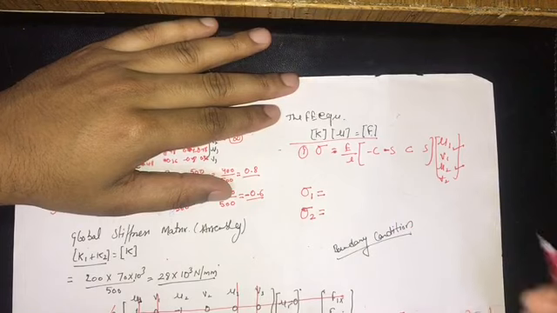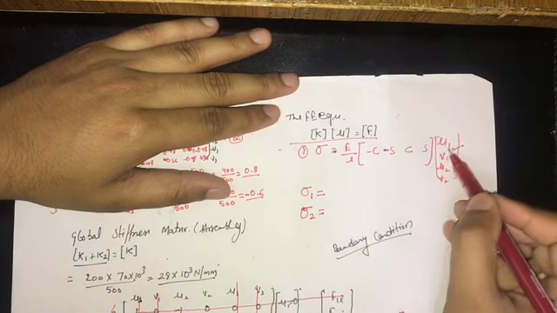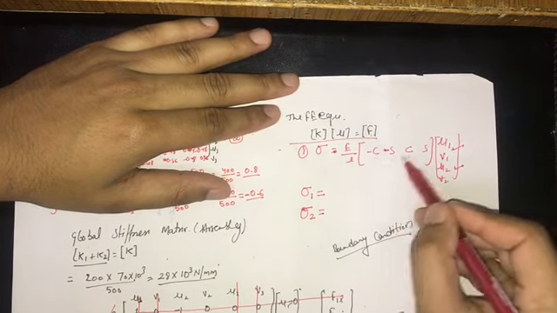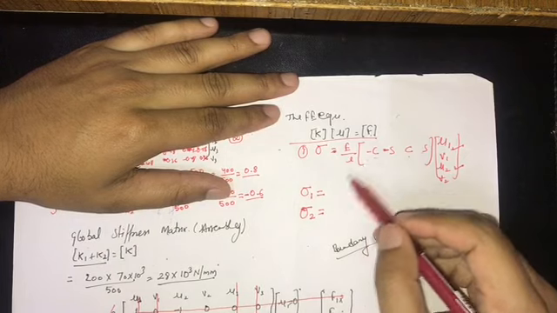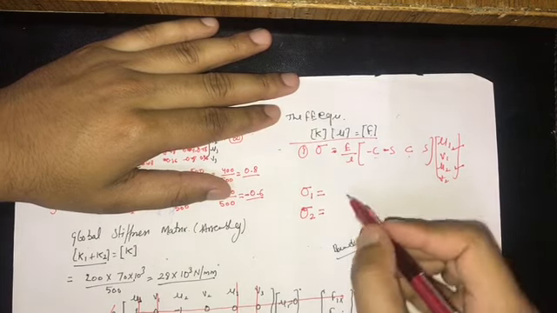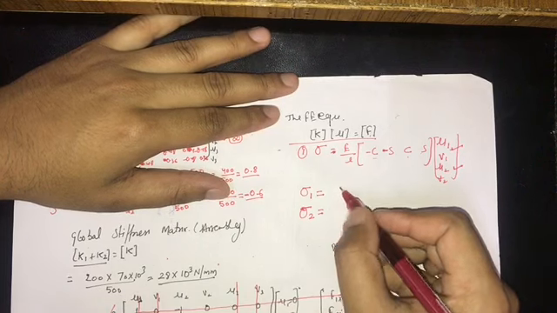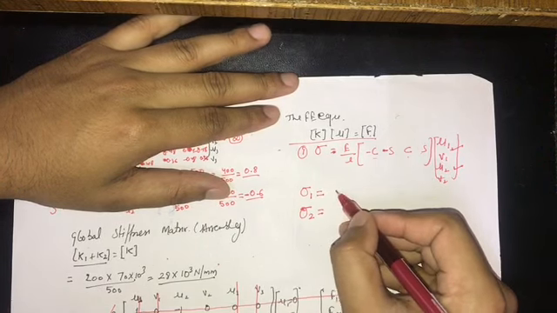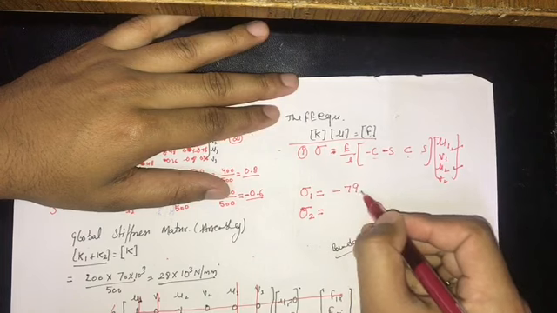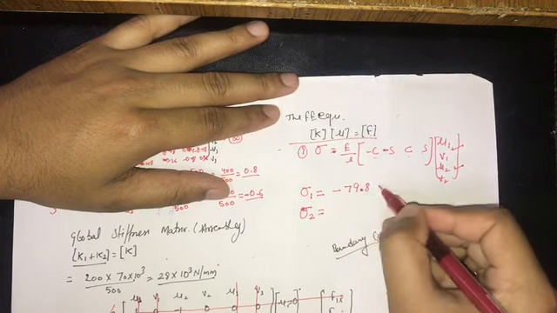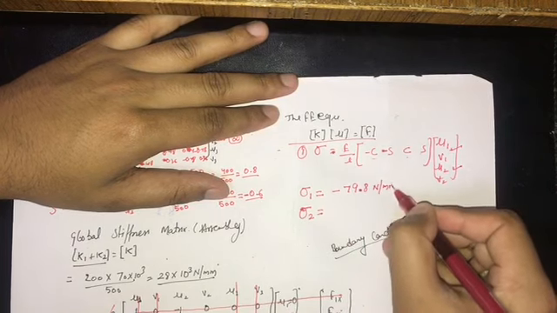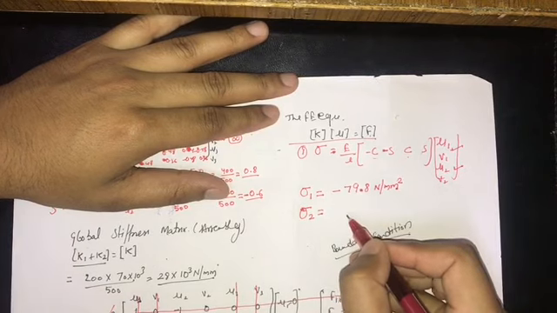So C and S are calculated. For element 1 we get the C value from the first, and for element 2 we get the value here. For sigma 1 that we already calculated, I obtained minus 79.8 newton per millimeter square.